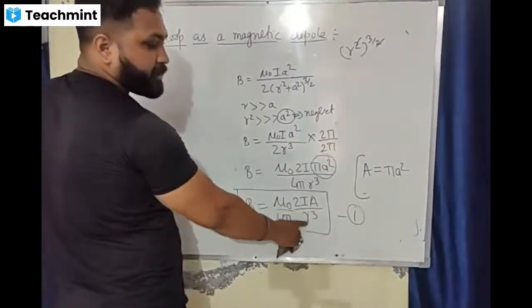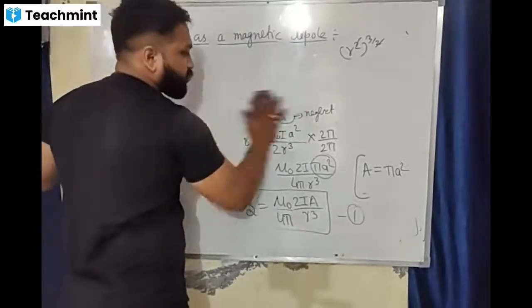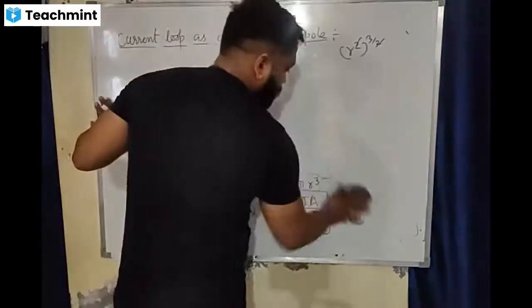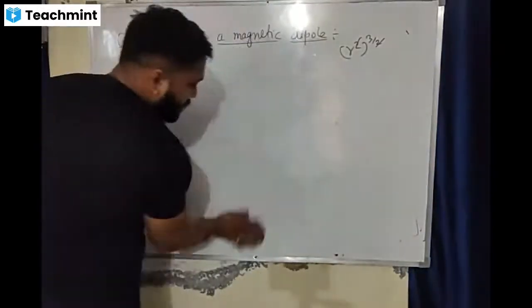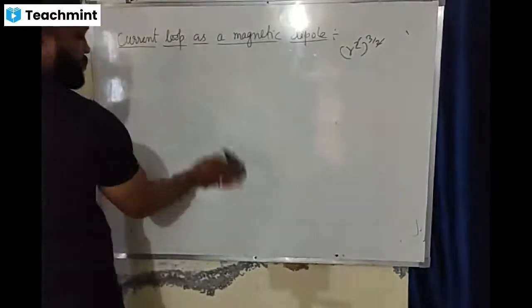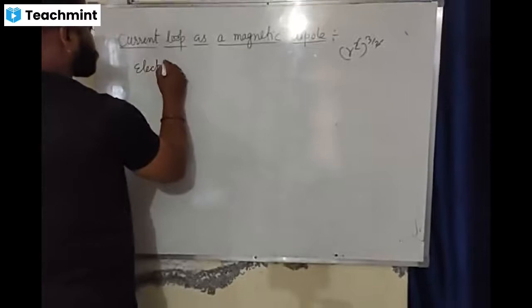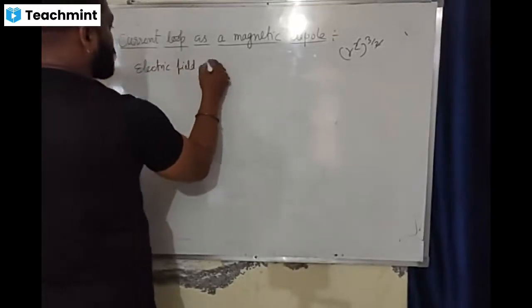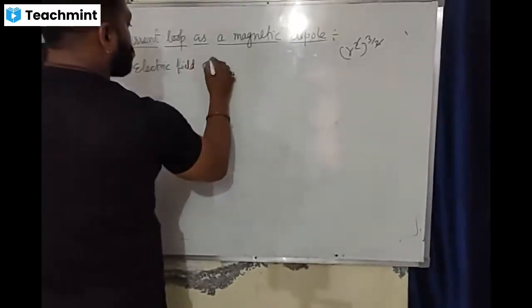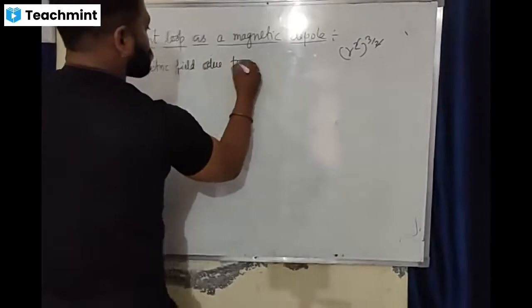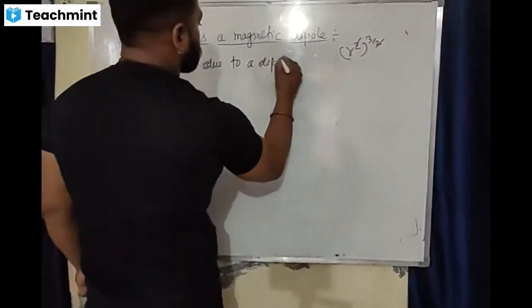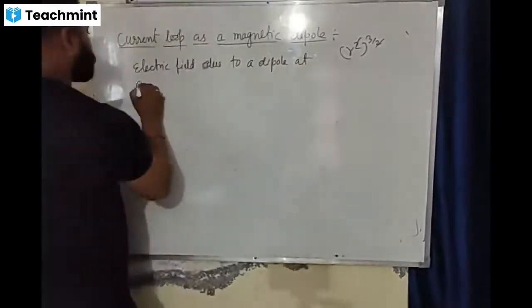Equation 1 is very important, so you have to note it down as equation 1. Now what I am going to do is the electric field due to a dipole at the axial point.